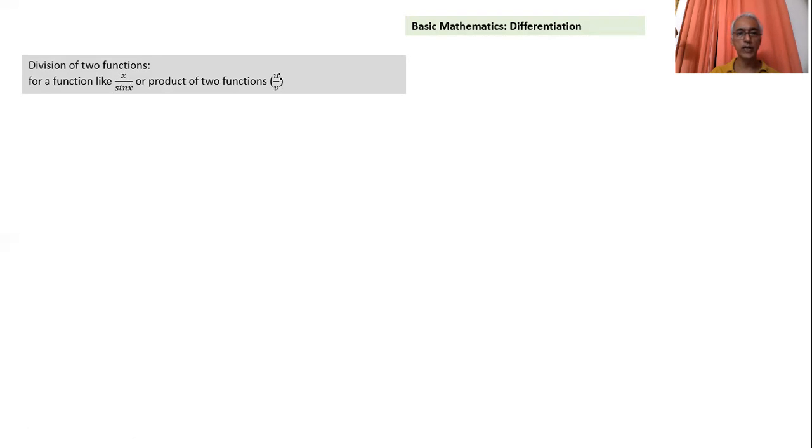What is the derivative of a function which is a division of two functions, u by v? It is equal to denominator into derivative of numerator, minus numerator into derivative of denominator, whole thing divided by square of denominator.